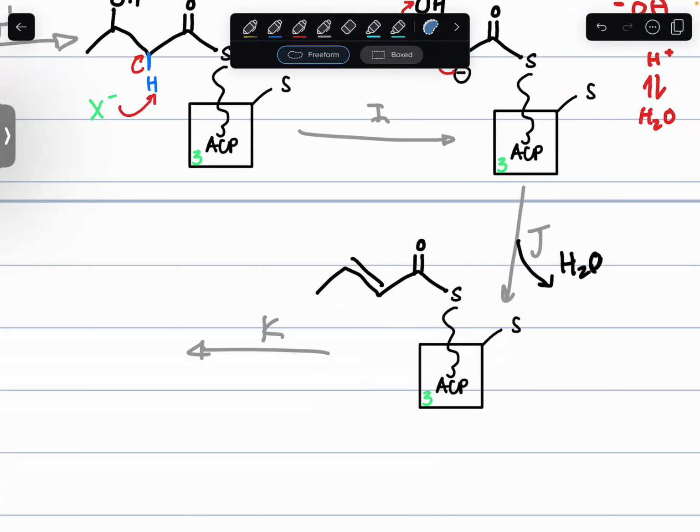So, who remembers what step 4 is? Reduction. It's going to look a lot like our other reduction. We're going to use another molecule of NADH, and we're going to reduce this double bond.